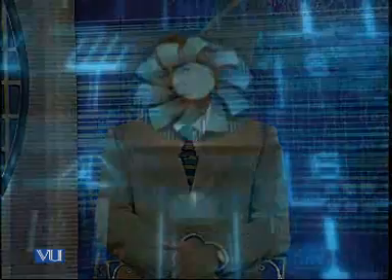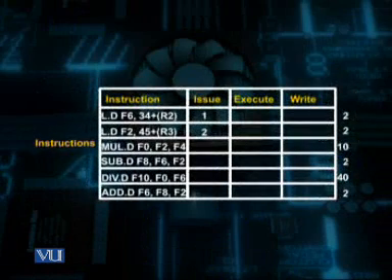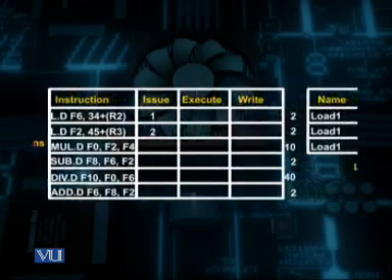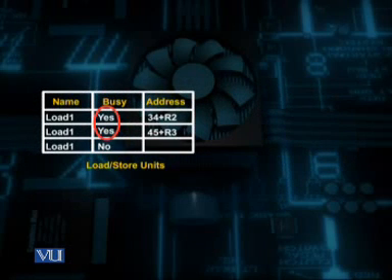But in this case, as the integer units are available, the second load instruction is issued, and it is recorded in the issue column with the value 2, which means in the second clock cycle, the second load instruction is issued. And in the integer section, load 2 is specified as busy, and its address value is 45 plus R3.